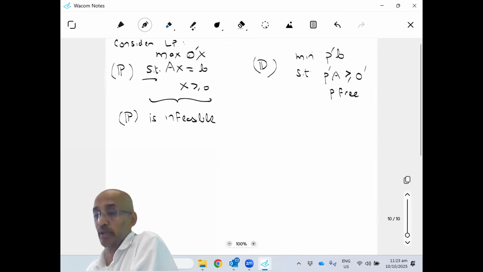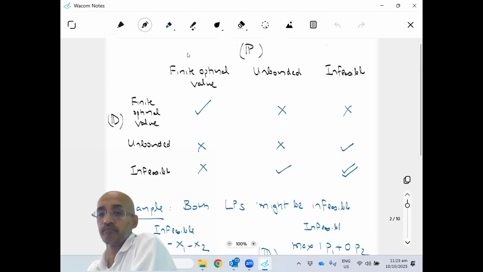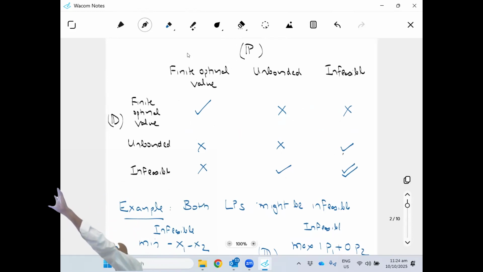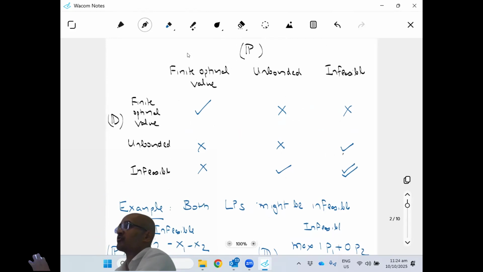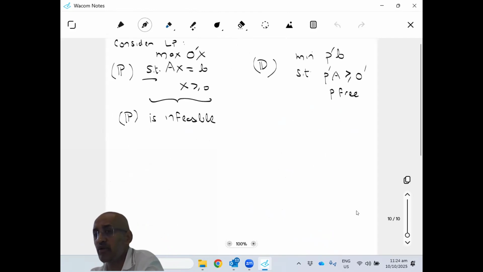Now let's remember what we learned earlier. If the primal is infeasible, what are the possibilities? The dual can be either unbounded or infeasible. If a linear program is infeasible, the dual will either be unbounded or infeasible, only one of two possibilities.